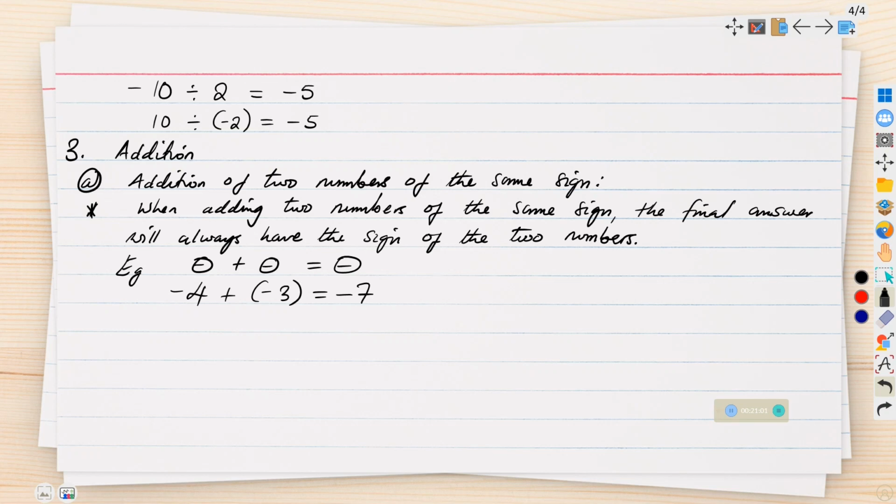Okay, so let me extend the rule properly here. So let me rewrite this rule here.